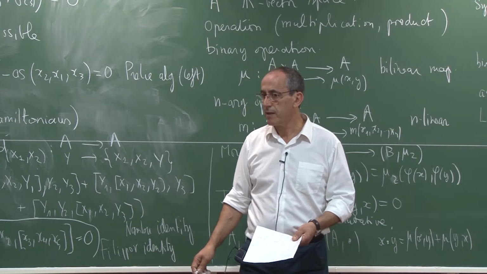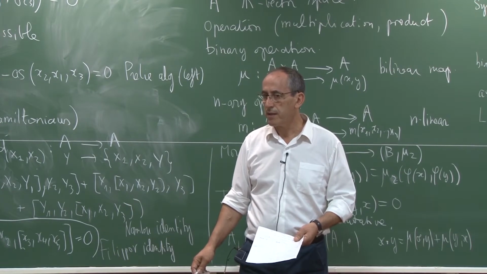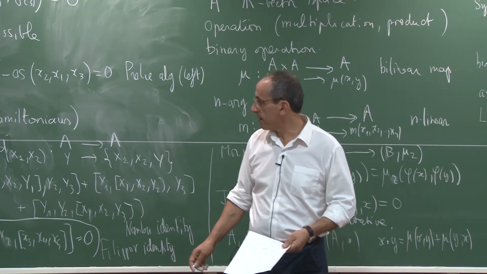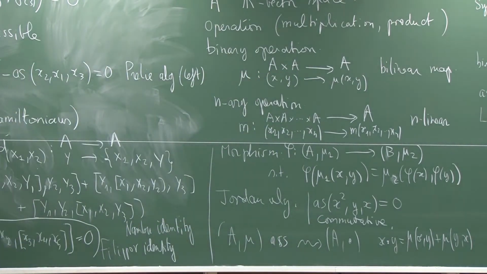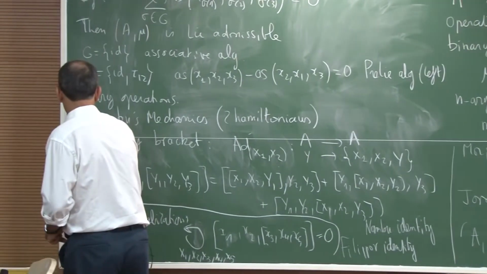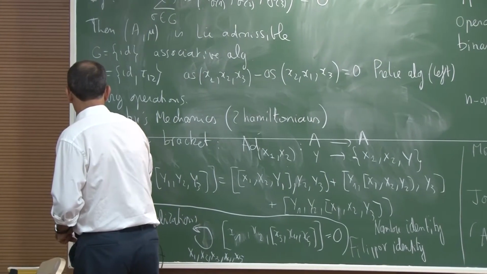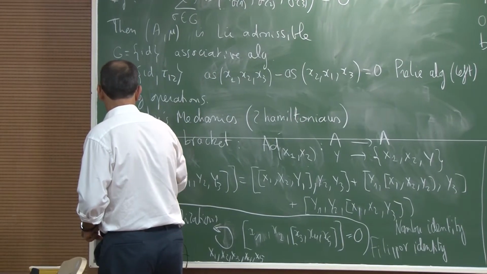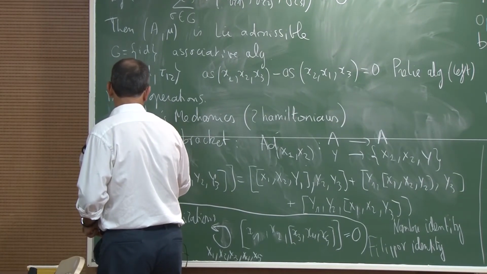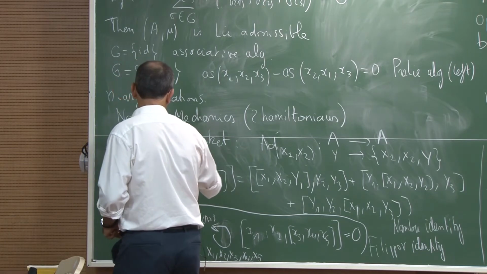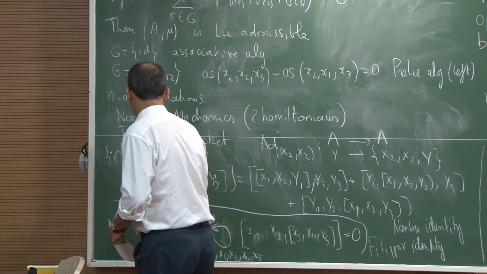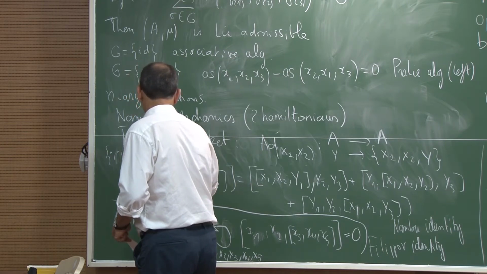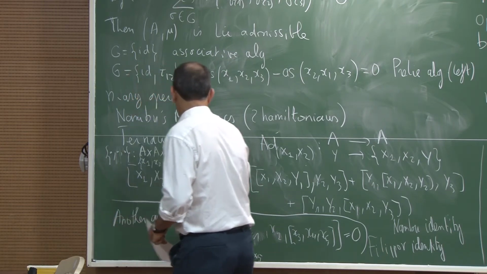In Jacobi identity, we are dealing with 3 variables, and here we are dealing with 5 variables. Yeah, because we are dealing with the ternary bracket. The bracket is a map going from A times A times A into A. Then you need 3 elements: x1, x2, x3, to get the bracket.